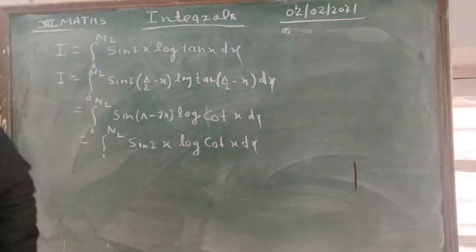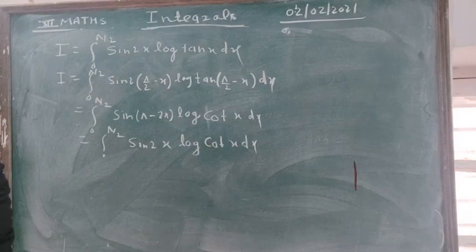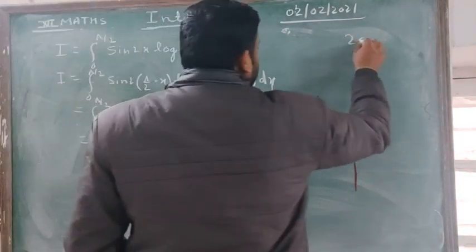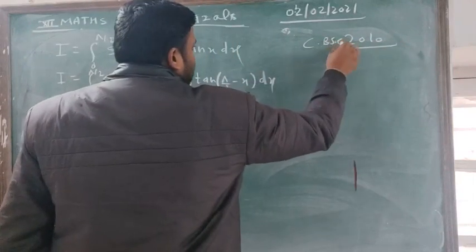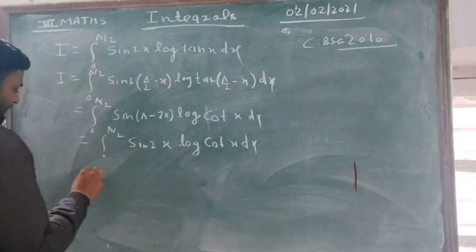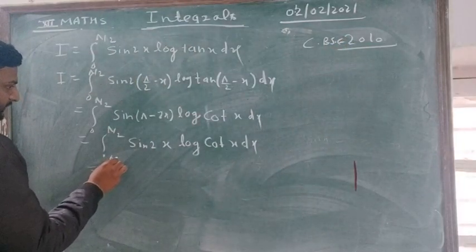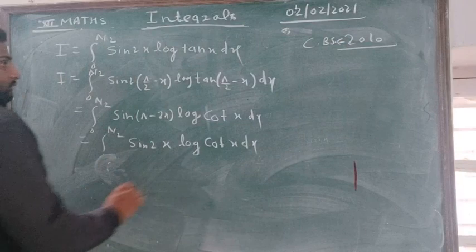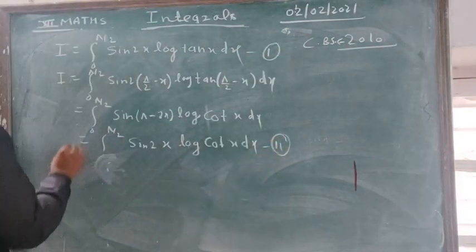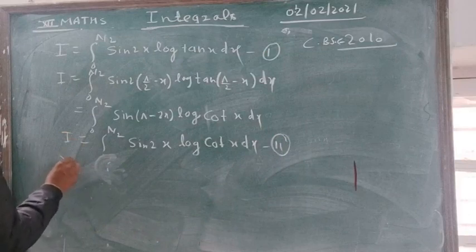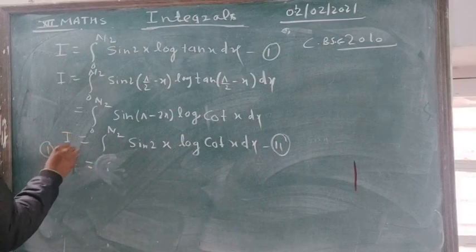And this question was asked in 2010. Now this is our first part and this is second. Now we are adding these two equations, so this is our 2I, adding 1 and 2.